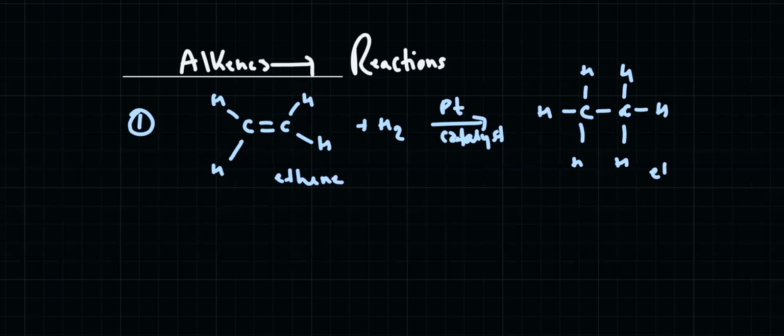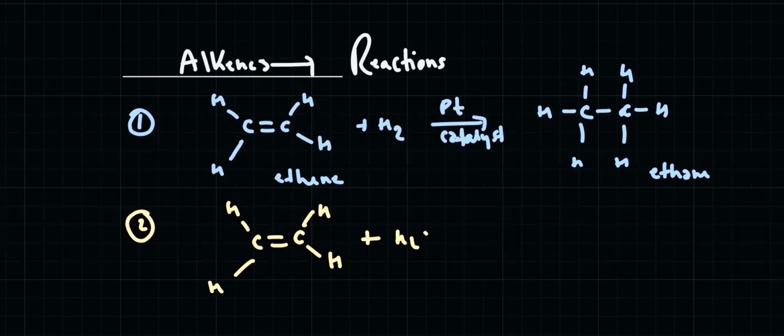All right. The second reaction is with steam. If you decide to react any kind of alkene with steam, as in H2O, you must add phosphoric acid, H3PO4, and you have to add heat. And you know that water splits into H plus and OH minus.